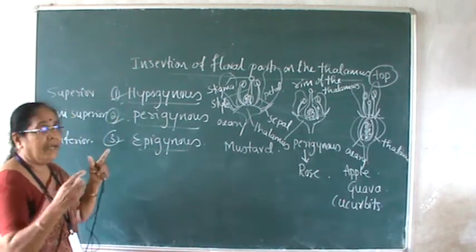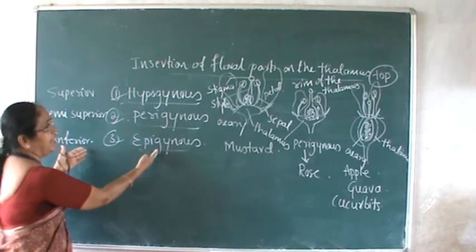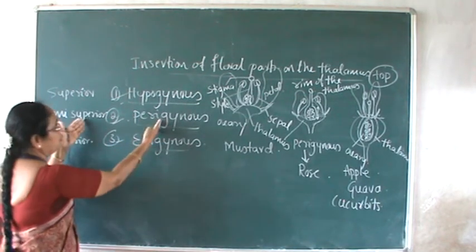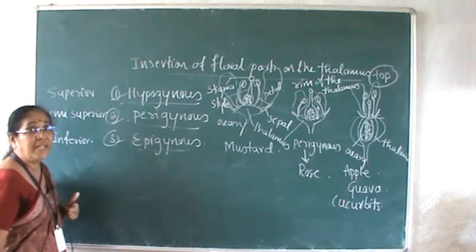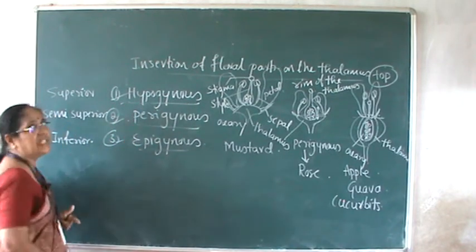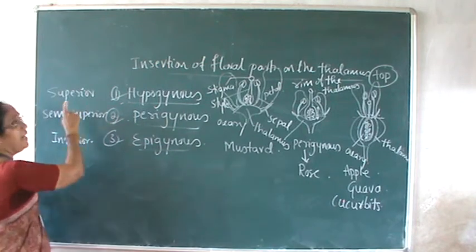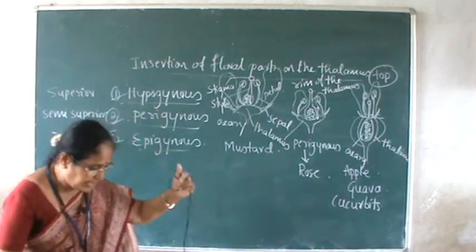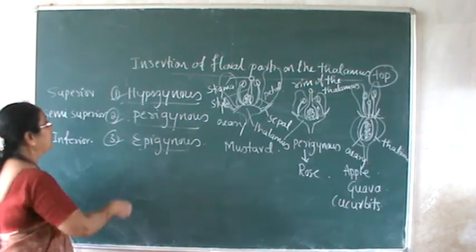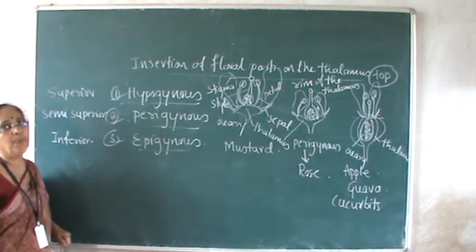Okay? There is a very close relationship between these 2 terminologies, so I have written them side by side. It means that if you have described the flower as hypogynous, the ovary must be superior. If you have described the flower as perigynous, the ovary must be semi-superior.